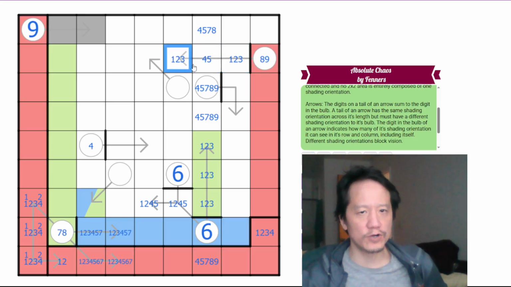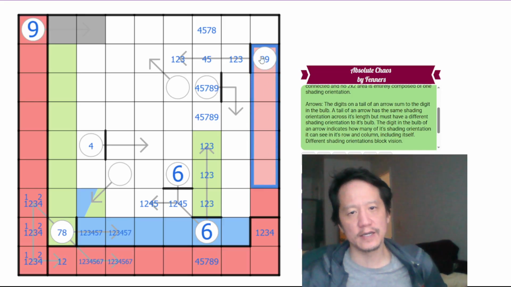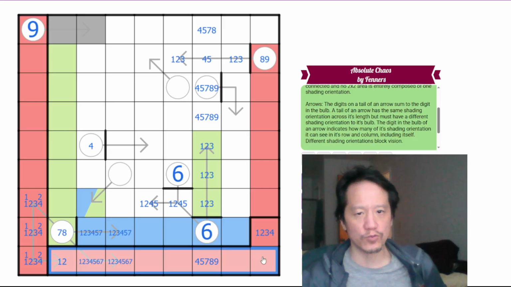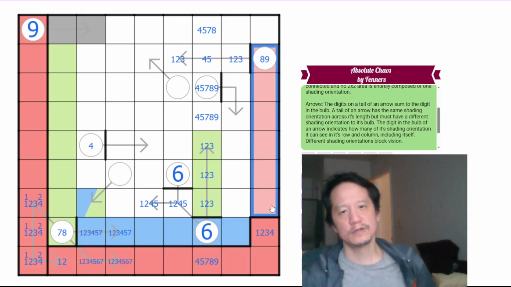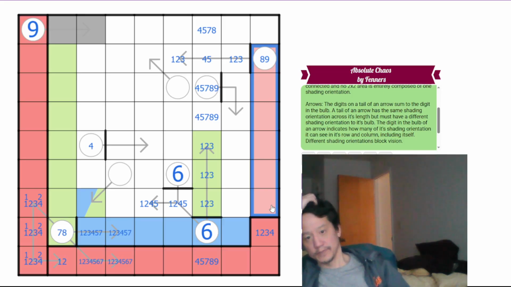Since it's 4, 1, and 2 at minimum, this has to be 7 at least. It can't go see this way. It could see this, but then it has to see this one at least, and therefore this red does not have any other place to go except for here. Therefore, this must be part of the red region. So this is 8 or 9.